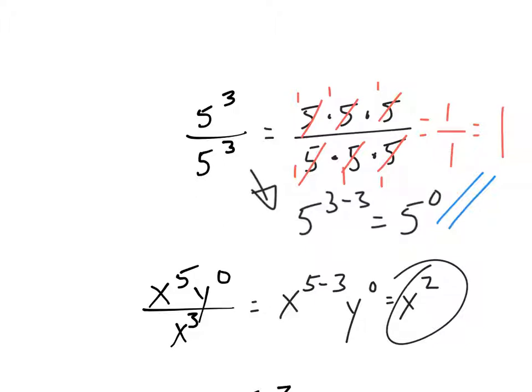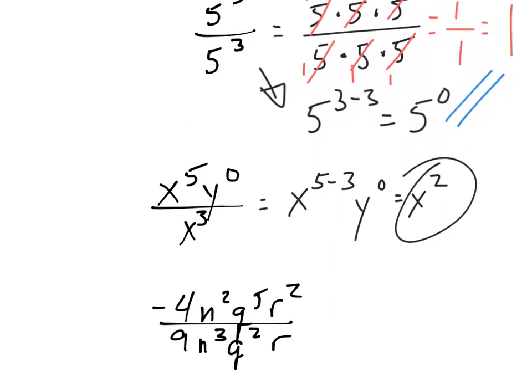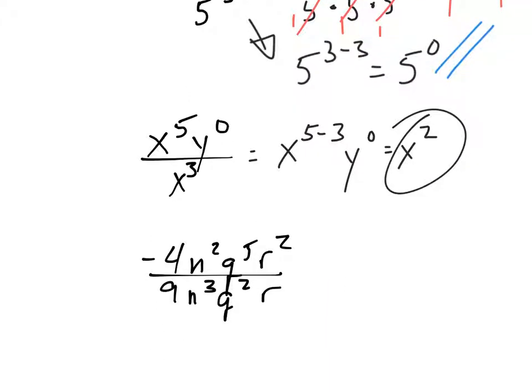All right. So let's go with a slightly more complicated one. Negative 4 times n squared times q to the 5th times r squared, all divided by 9 n to the 3rd power q to the 2nd power r. Oh, and then I almost forgot.